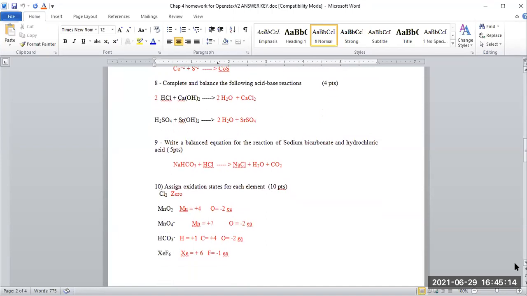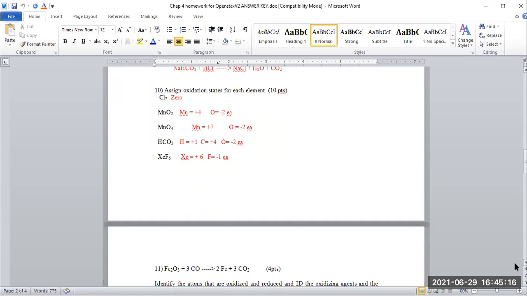Some errors that I saw on the oxidation numbers, some people did not seem to understand that each and every element within a molecule must have an oxidation number. So the first one is Cl2. It's a pure element.